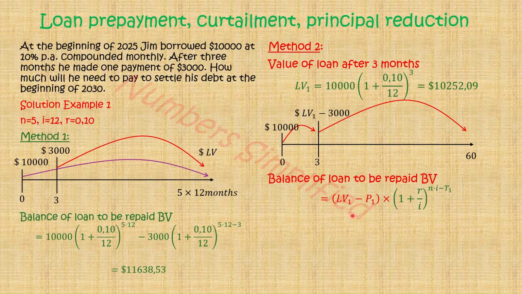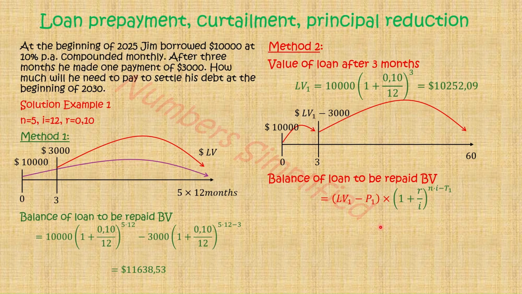So we find the difference between the two, times the interest that will be accrued from 3 months up until the end of the periods where the whole loan is due. Since we're calculating from the 3 months, we are going to subtract 3 months from the time the loan is due.